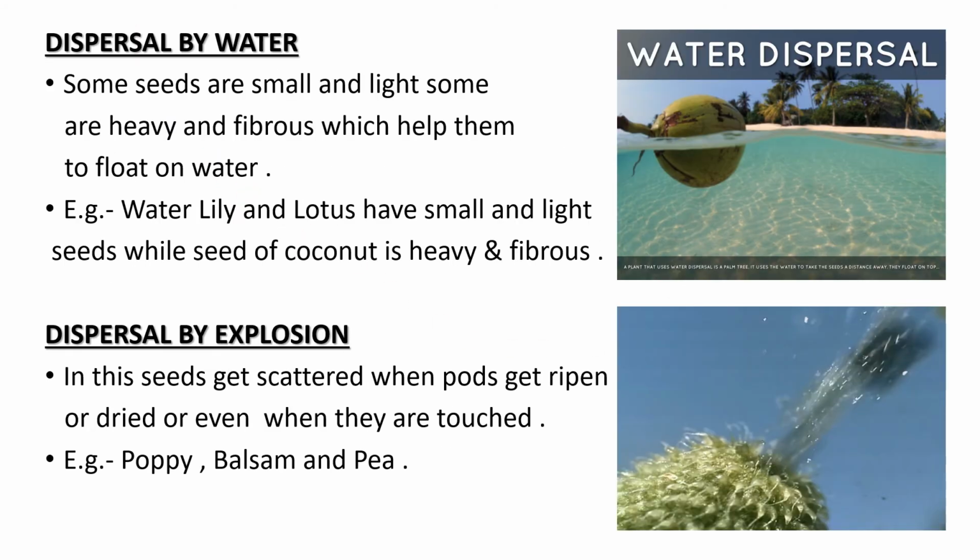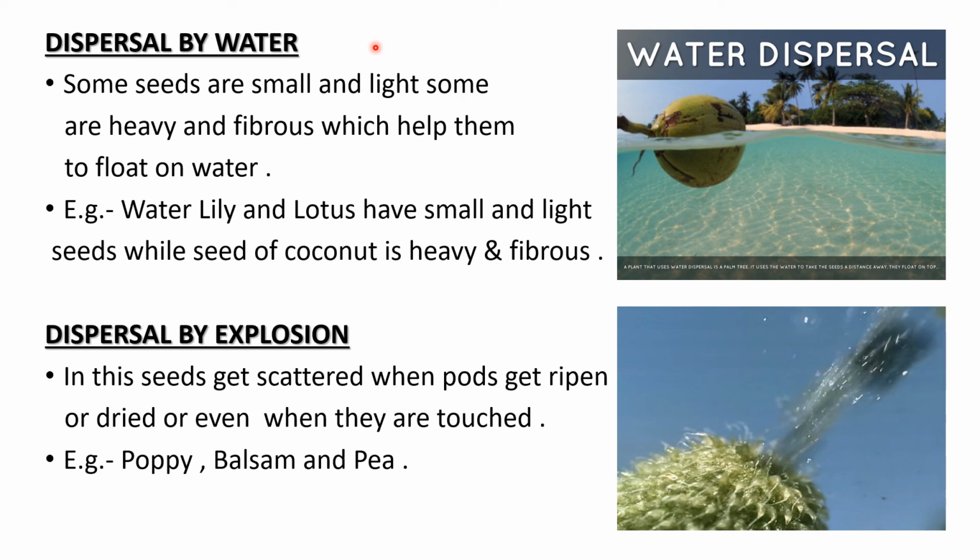Now in some plants which grow near water resources or grow in water, their seeds are dispersed by water. Such seeds should be small or light, and if they are heavy they should be fibrous so that they can float on water.